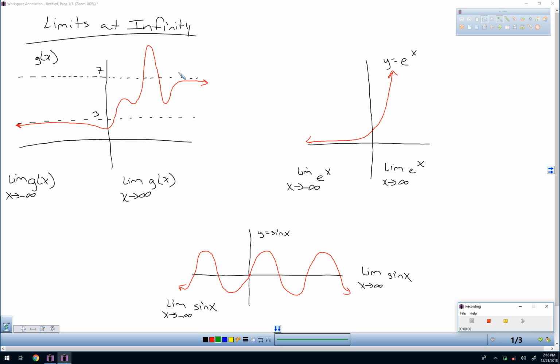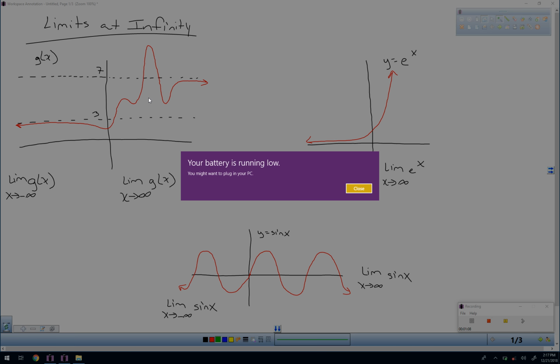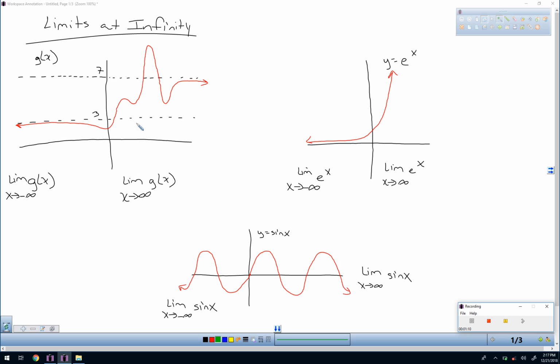There's a horizontal asymptote here at positive 7. And so if I were to ask you what the limit of g of x is as you approach positive infinity, what does the function appear to be leveling off to? The answer to that would be 7. So its value would be 7.